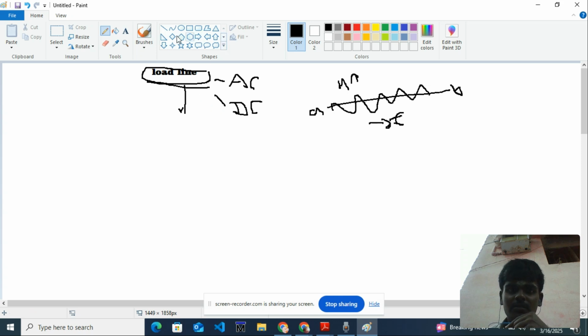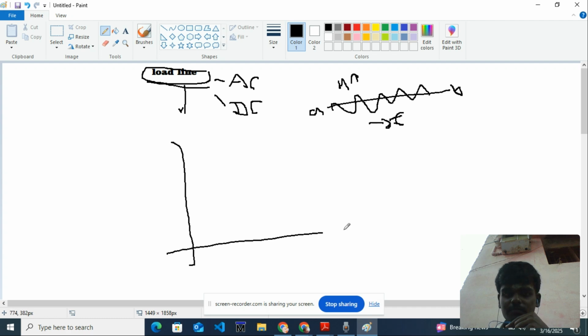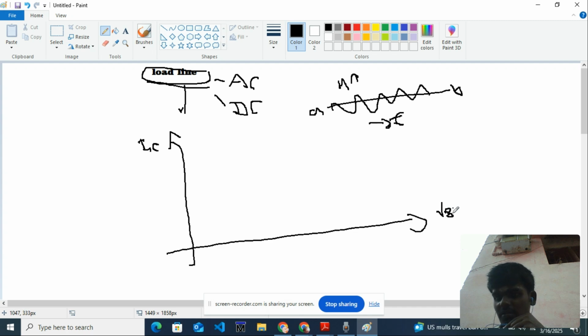If you can't understand, then I'll definitely teach. First of all, you all may know the graph, a graph like this. The horizontal axis is called VCE.